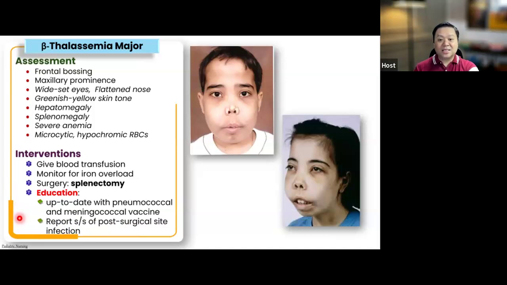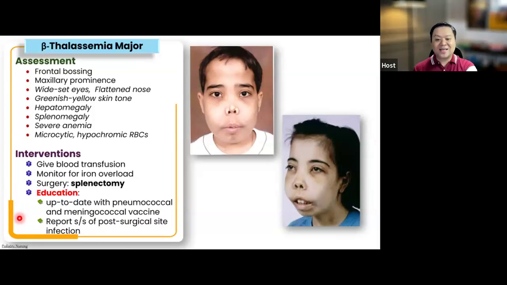The surgical site should be checked carefully post-surgical. We want to make sure that the dressing is kept dry and intact, and we have to keep an eye daily on the characteristics of the wound incision.